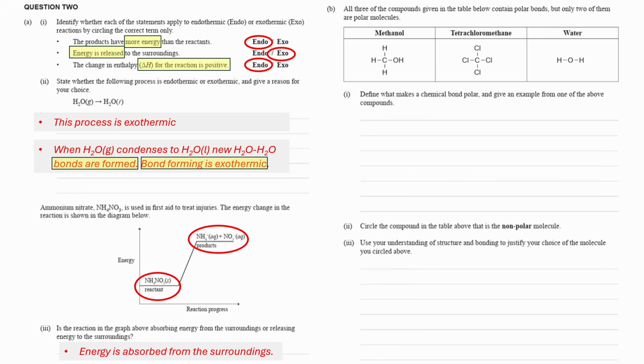Now, this is quite interesting. For this whole page here on the left, there's an achieved grade if you do any of the three things. So did you get 2 of these correct? Achieved. Did you say the energy was absorbed from the surroundings? Achieved. Did you say that this process is exothermic and that it's because the bonds are forming?